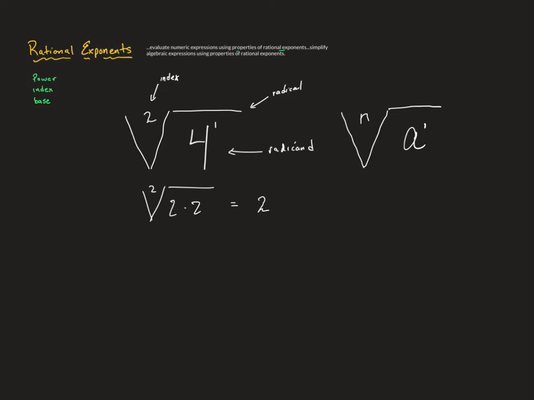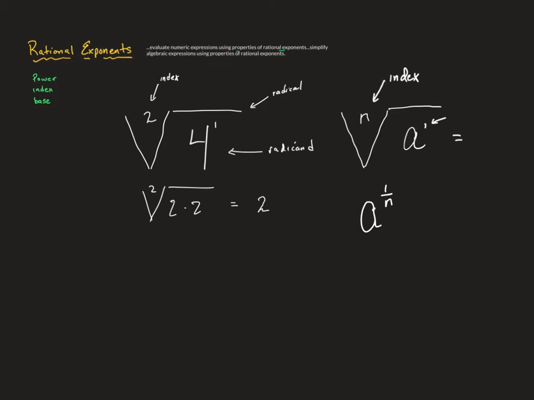So this is where we start looking at a rational exponent. A rational exponent is simply going to look like A to the 1 over N. Now N, again, was my index. That was the root I was looking for. The index, and then the 1 is going to be the exponent of my base.